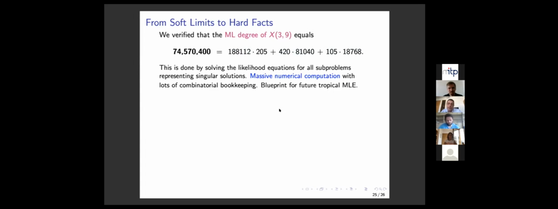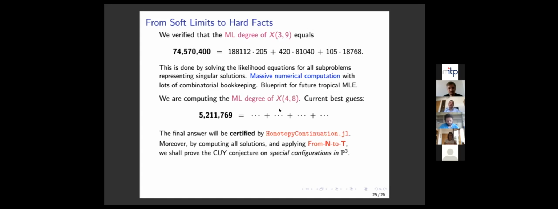Massive numerical computations and lots of combinatorial bookkeeping, in my mind, a blueprint for the future of tropical MLE. We're working on (4,8). The current best guess is 5,211,769. We're very confident that we can complete this and that the final answer will be certified.